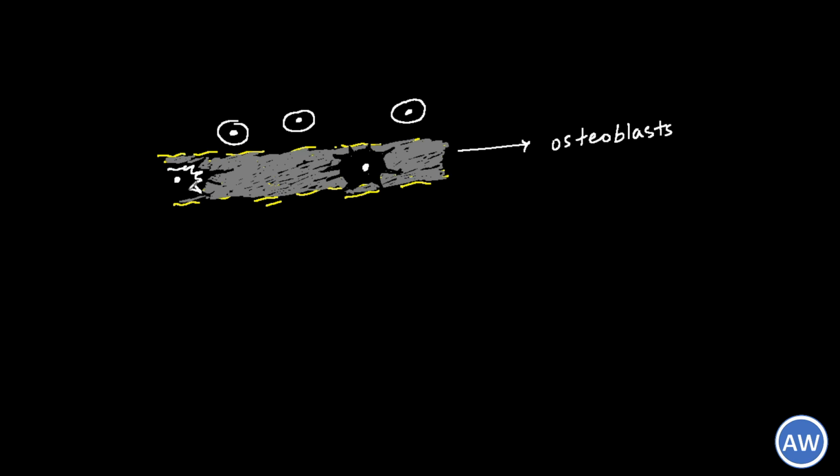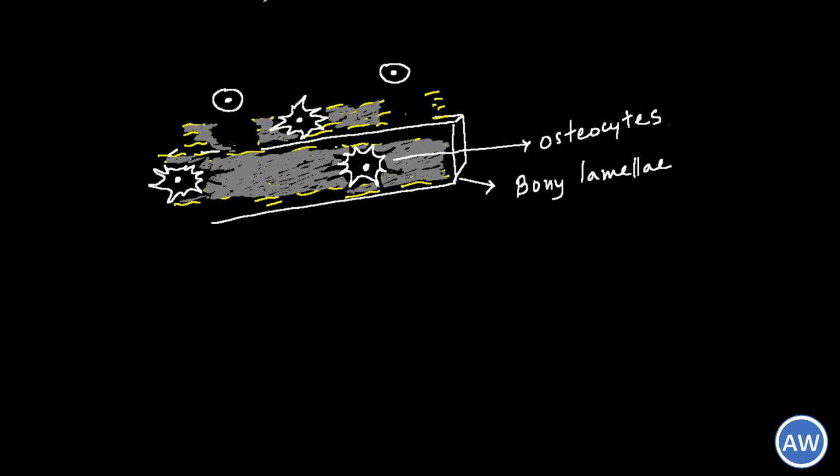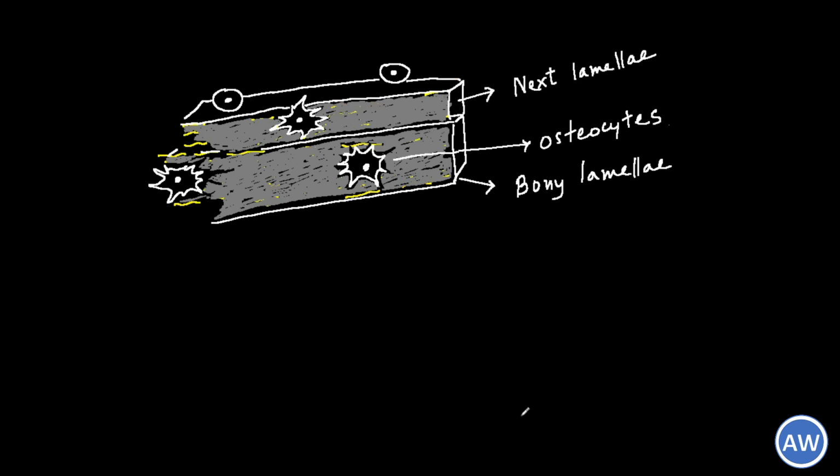The trapped osteoblast transforms into osteocytes. The osteoid is now ossified to form the first lamella. The osteoblasts which escaped will now form the next lamellae in a similar way. The osteocytes will finally lie in between adjacent lamellae.